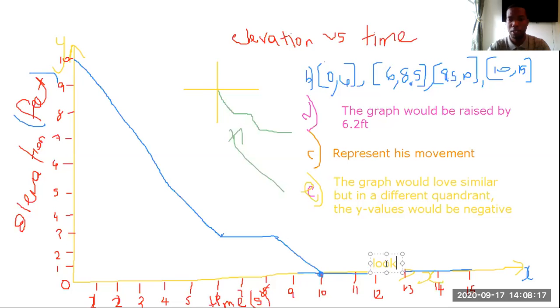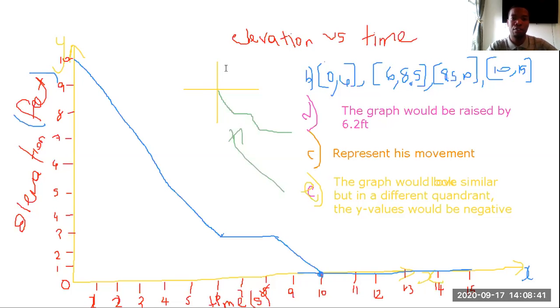I don't know. It doesn't allow you to edit after you've written it. That's kind of weird. But anyway, it's supposed to be look. Perfect. Now, it would go into the 4th quadrant instead of the 1st quadrant. Right now we're in the 1st quadrant, and it would be negative. The next question, which is F.